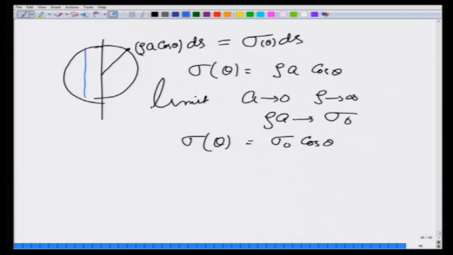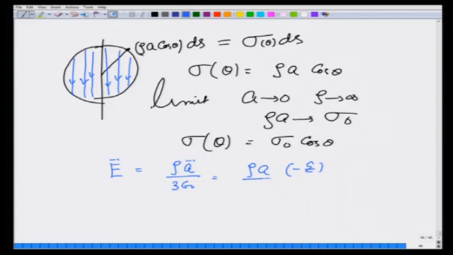The field will be in the direction of displacement from the positive to the negative side, and therefore, the electric field, which remember earlier we derived to be rho A over 3 epsilon 0, is going to be rho A, in the minus z direction, divided by 3 epsilon 0. But rho A, we have said, is nothing but sigma naught. So, this is sigma naught over 3 epsilon 0 in the minus z direction.